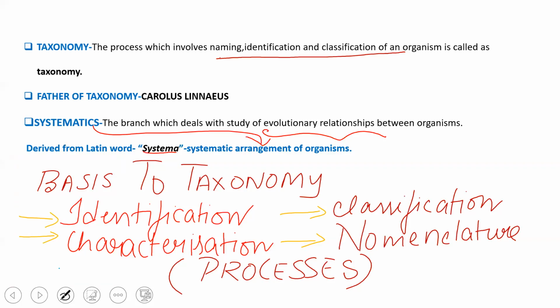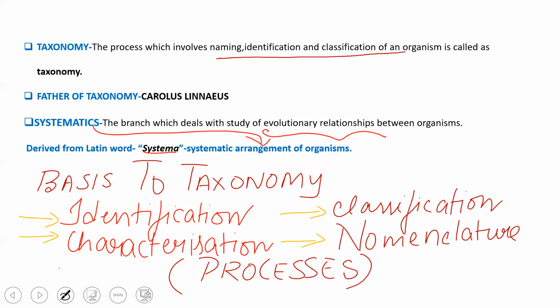That is how the similarities and the differences or the resemblances are all because of the evolutionary relationship. The evolutionary relationship may be in the form of morphology, or in the form of genetics, or in the form of behavior. So the evolutionary relationship between two organisms helps taxonomists to arrange them in a hierarchical order.